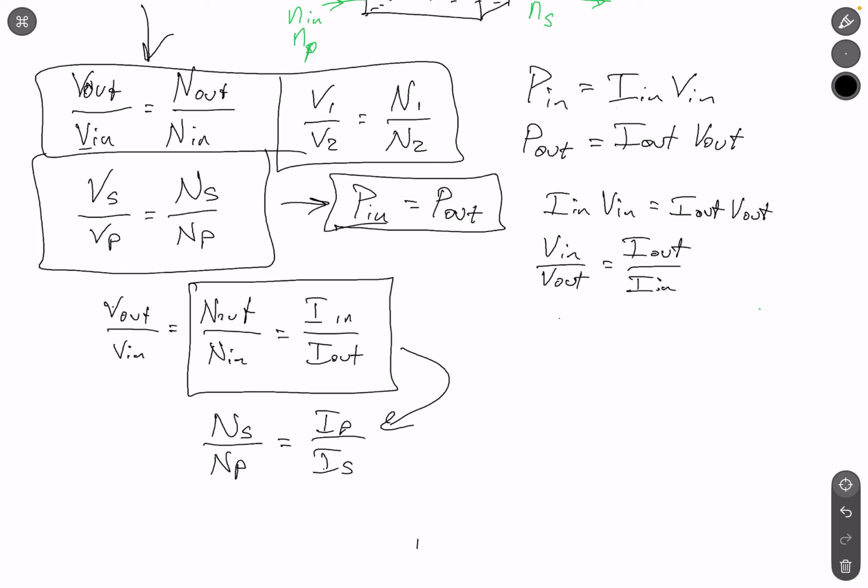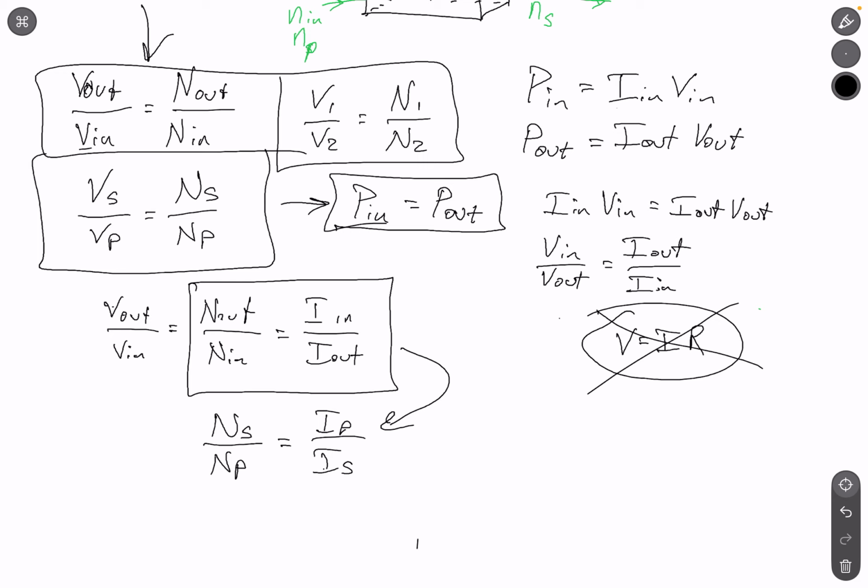I can't do it with V equals IR. Why can't I do it with V equals IR? Because your voltages change. Your voltages in and your voltages out change. Your resistance in and your resistance out change. We can't do it. You can't use V equals IR. And I had forgotten that.